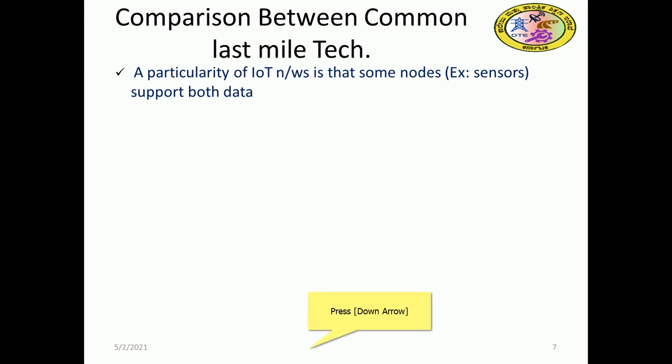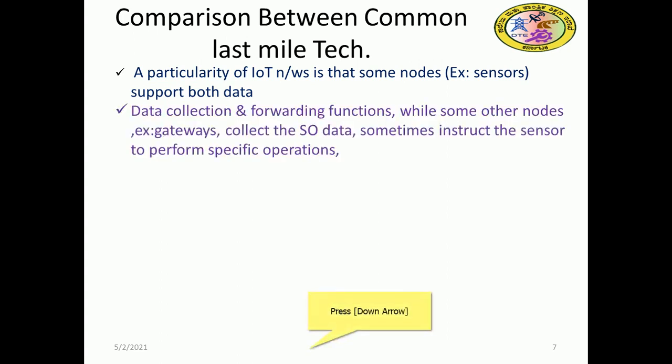A particularity of IoT networks is that some nodes, sensors, support both the data collection and forwarding functions, while some nodes, for example gateways, collect the smart object data and sometimes instruct the sensor to perform specific operations.